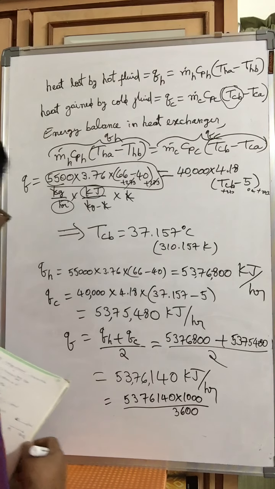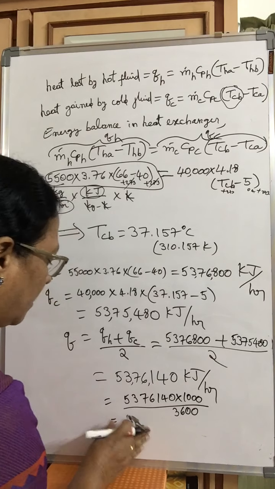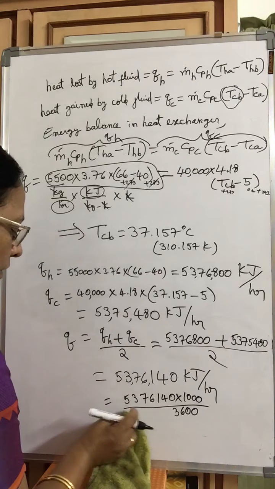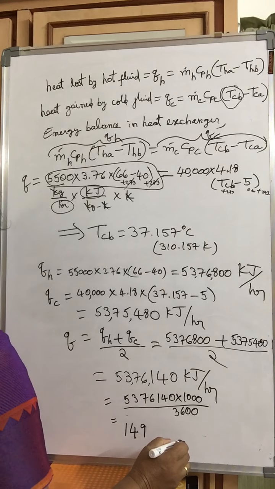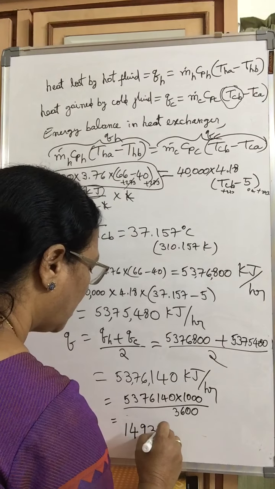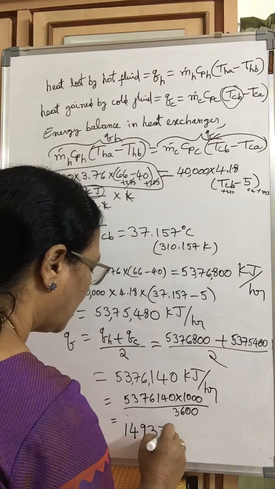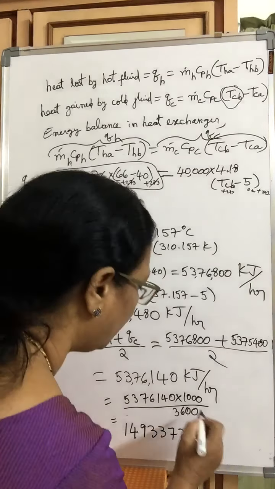That is 149372.22. This is what now? Here joule per second.